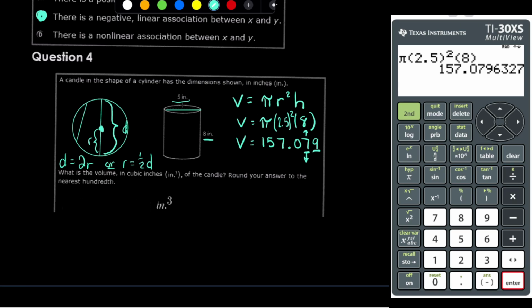Remember your rules for rounding. 5 and above, give it a shove. Okay? 9 is 5 or above. So we're going to push up the 7 to an 8. So our final answer will be 157.08 inches cubed.